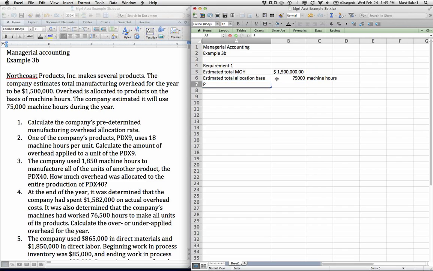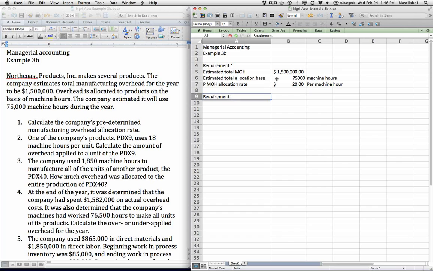And so our predetermined manufacturing overhead allocation rate is going to be $1.5 million divided by 75,000 machine hours, or $20 per machine hour. So that is requirement 1.